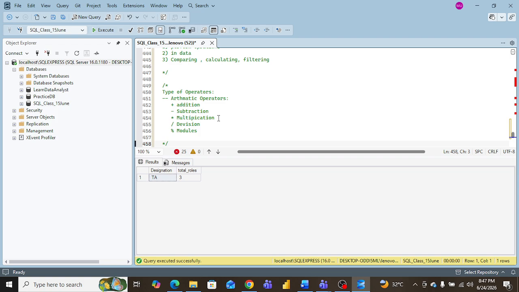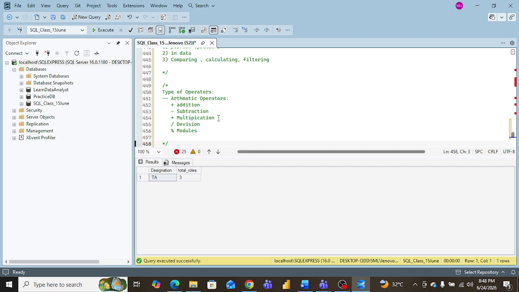The modulus, what is the modulus? Do you understand? Do you have any idea? So modulus is very important to understand.